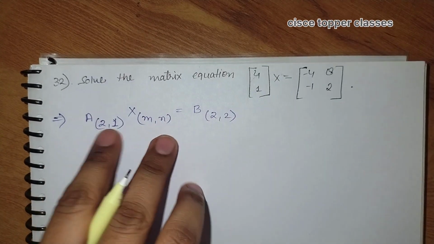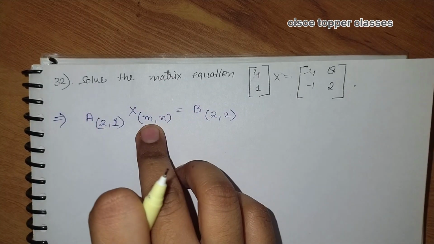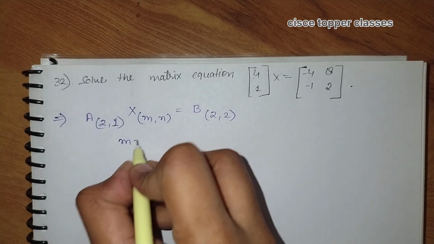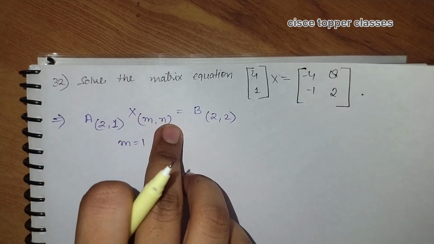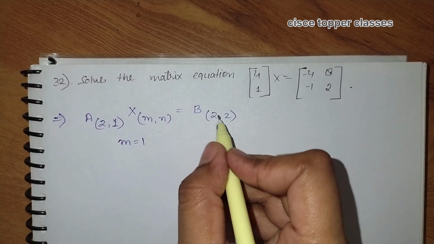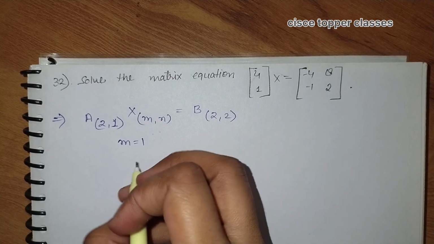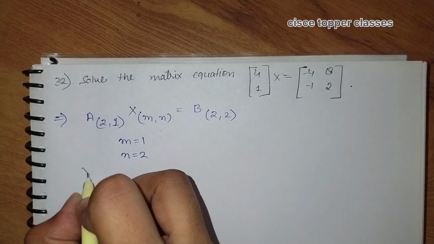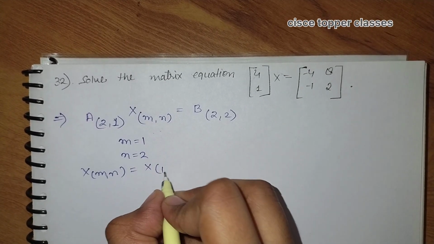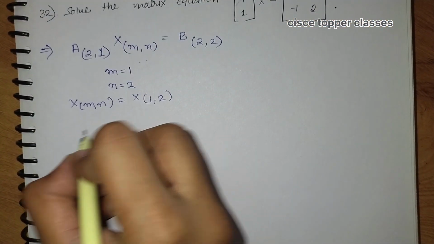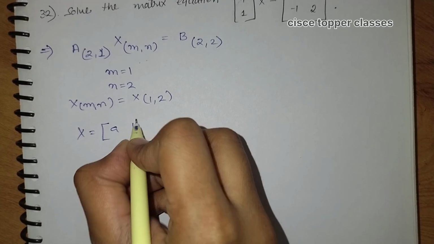And we know in multiplication, the number of columns of the first matrix should be equal to the number of rows of the second matrix, so M is equal to 1. The number of columns of X should be equal to the number of columns of the product matrix, hence N will become 2. So X of order M comma N is of order 1, 2.